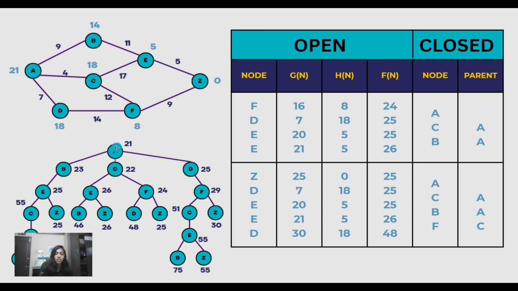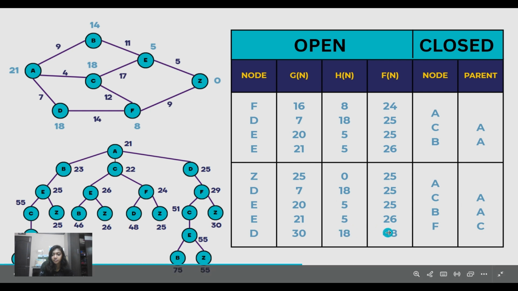So the cost function of D from A to D will be calculated from this path, A to D through C and F. So I will take this path. The cost function will be 4 plus 12, 16, 16 plus 14, which gives 30. And the heuristic value is 18. So 30 plus 18 will give 48.